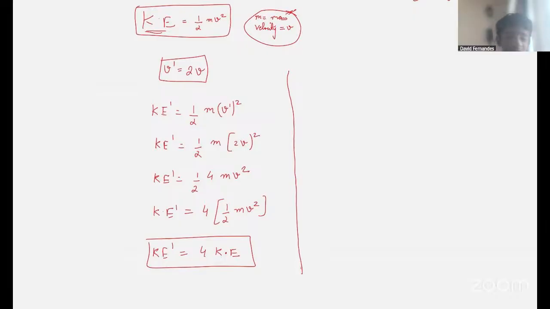It will double, because in the mass it's not squared. Kinetic energy is not proportional to the square of the mass, so it will be double only. Everyone got this concept? Yes or no? Okay.